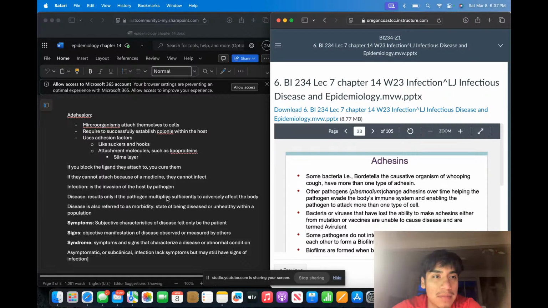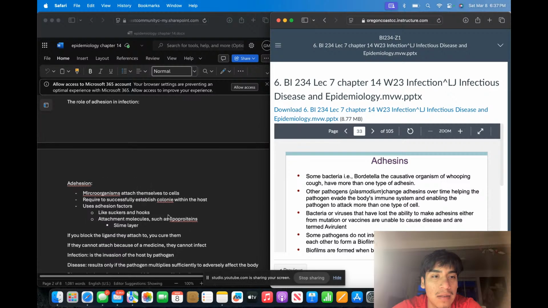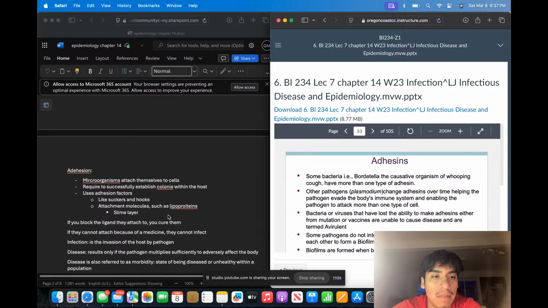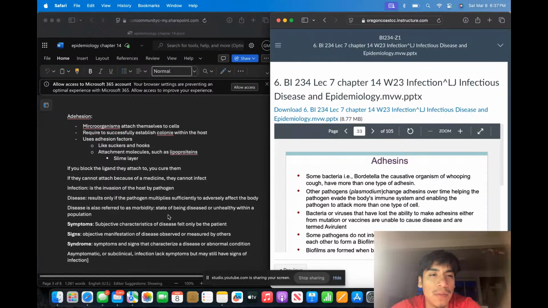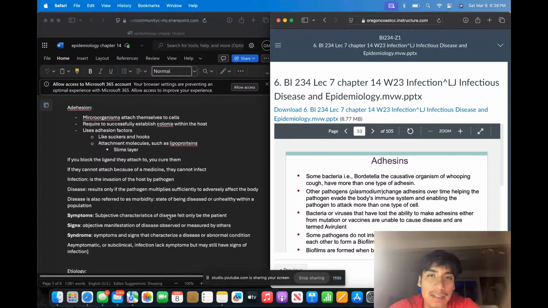So let's talk about some adhesion. If you block the ligand they attach to, for a virus or bacteria, then they cannot infect you. Adhesion is needed, so if they cannot attach because of medicine, they cannot infect. That's how medicines kind of go at it.